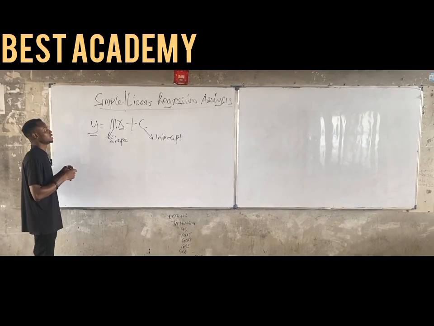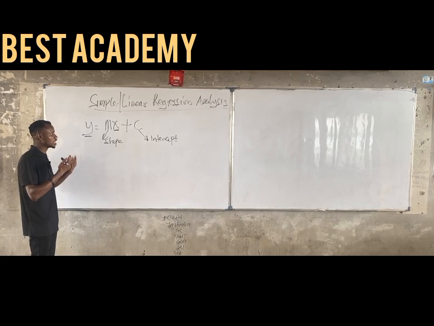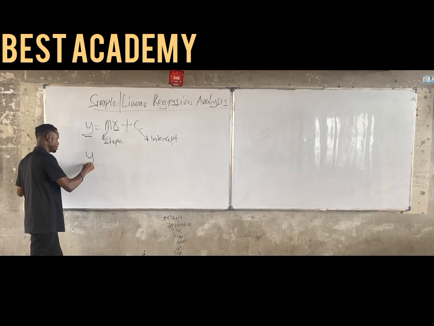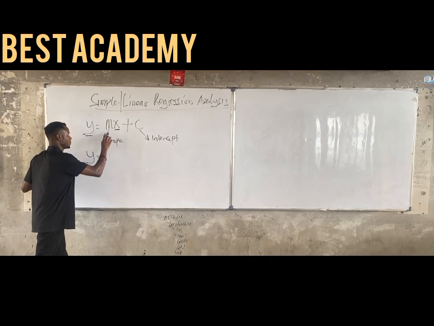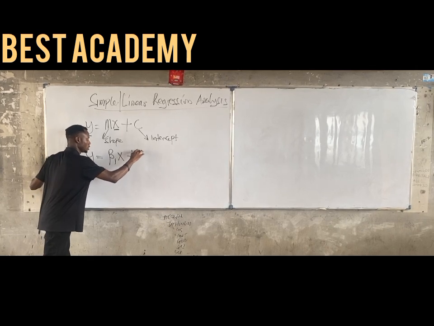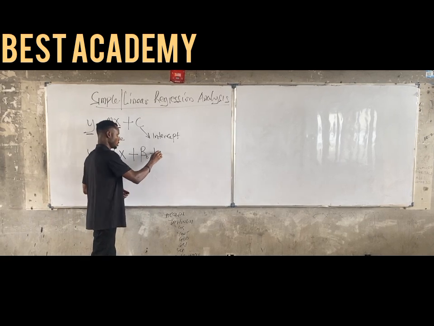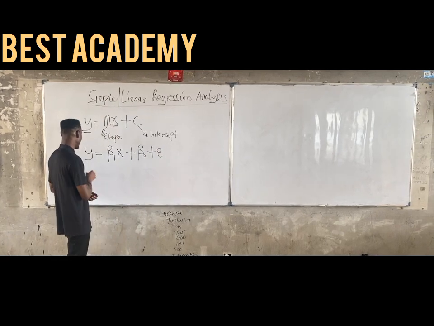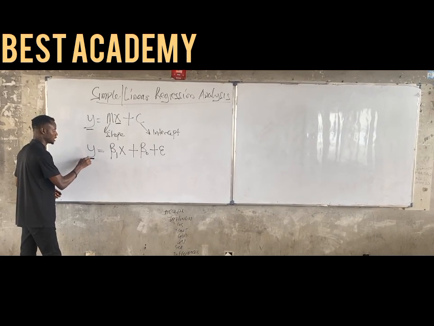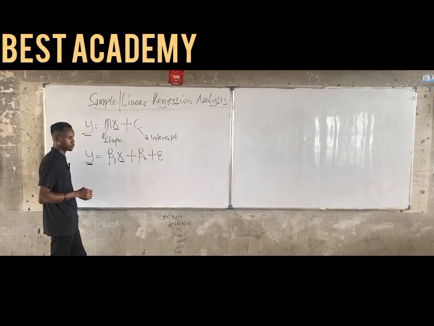Okay. Now let's apply the same thing here. Since simple or linear regression analysis is also taking the equation of a straight line, I will write this to be y is equal to, for m, I will say beta 1 of x plus what? Beta naught. If there is any error here, I'll put e, like this. Please take note. Y here, the letter that is standing as the subject, is the dependent, while this x here is the independent.